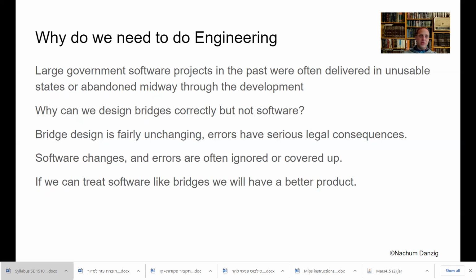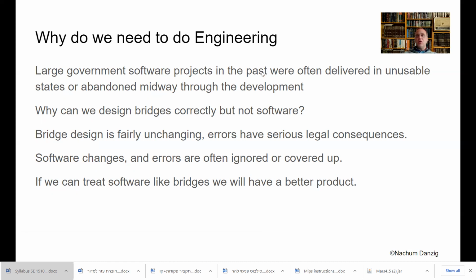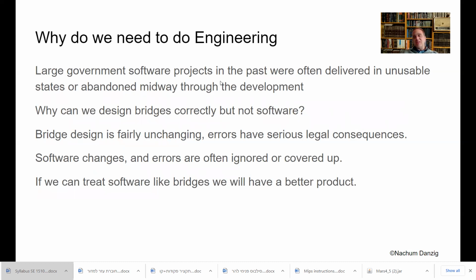Why do we need to do engineering? So it really goes back to these large government software projects. And like, sending a man to the moon, or missile systems, or a lot of it's military. They were delivered in unusable states or abandoned midway through the development. I don't think I included it here, but there were some statistics that I saw, a huge percent of software was just abandoned.